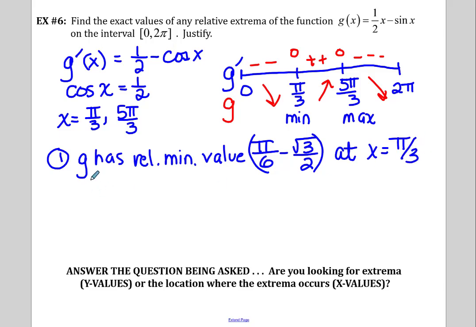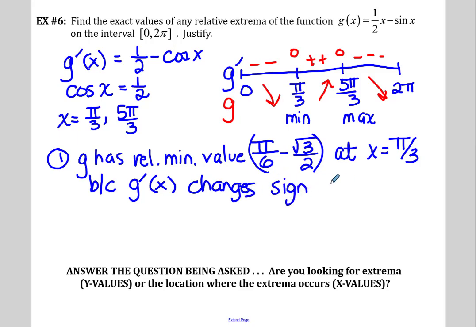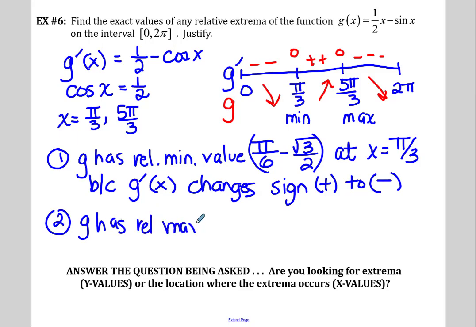And the reason that happens is because the derivative on G changed signs, I'm going to abbreviate, from positive to negative at that place. And then G has a relative maximum at 5 pi over 3.